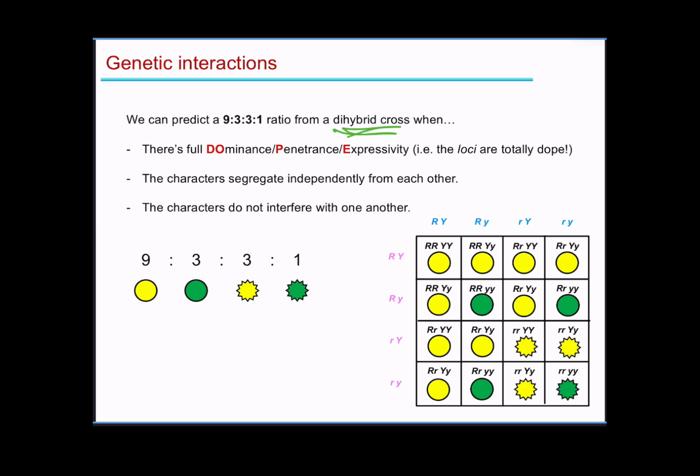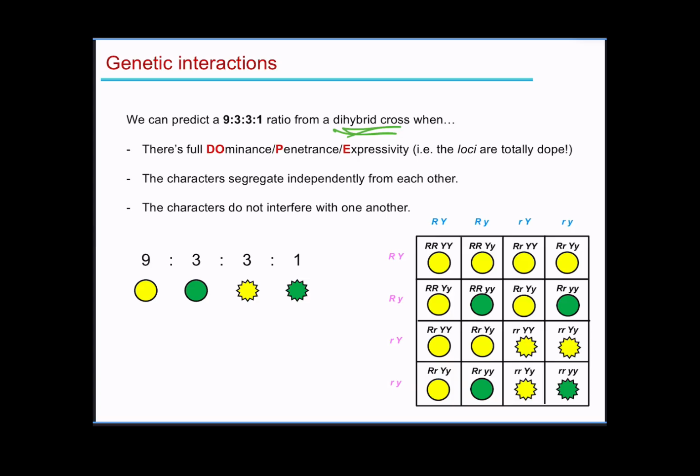What I mean by that is you know what to expect from a homozygote dominant, a heterozygote, and a homozygote recessive when it comes to phenotype. If there is full dominance, you know that the homozygote dominant and the heterozygote will look one way, and the homozygote recessive will look another way. Why is that? Because there is full dominance, right?